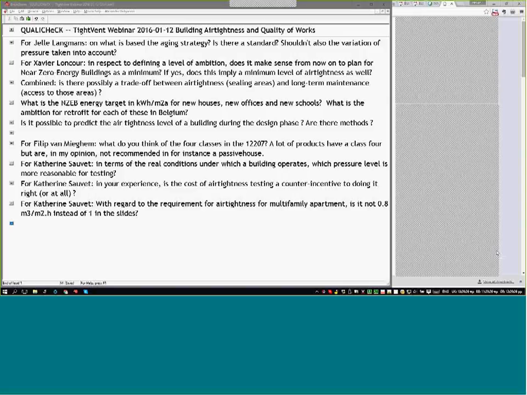It depends if it's an individual house or a multi-family apartment, and an official test can be about 300 euro for a normal individual house.